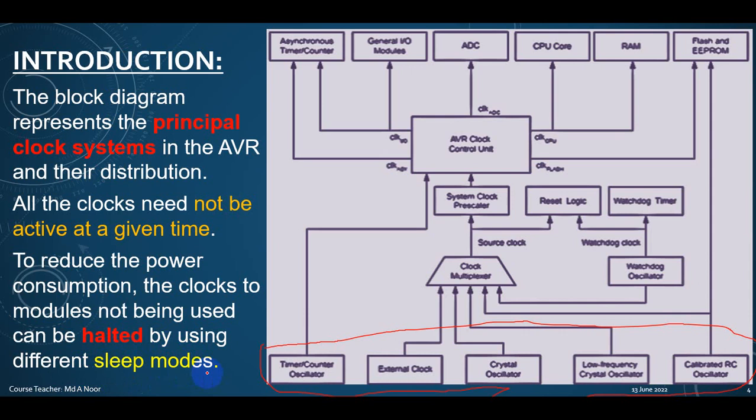Halt means, suppose while you are sleeping, halt is similar to sleeping. Now there are different options of sleeping. Depending on the option you choose, some sleep modes will give you more energy saving, and some will give you less. It depends on the features and options that you select.